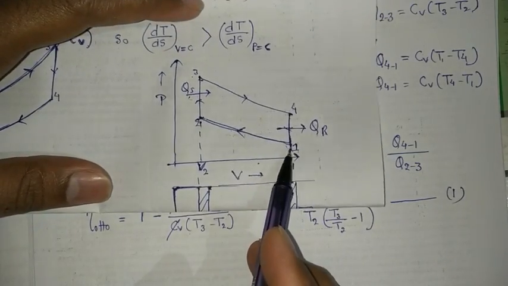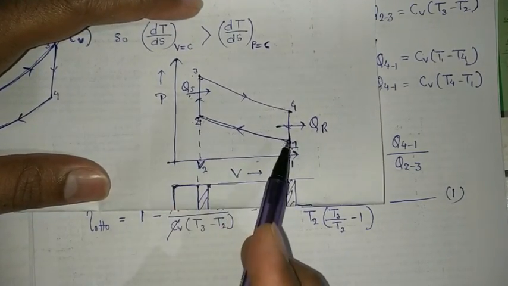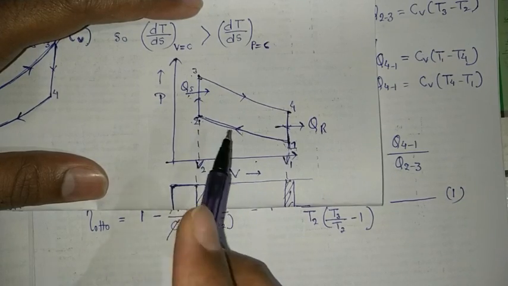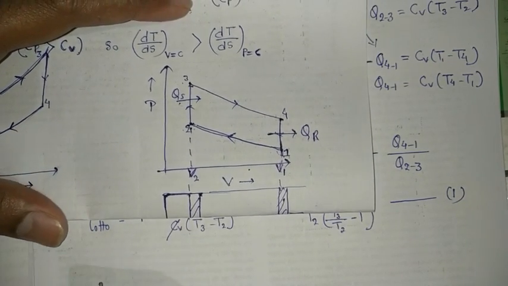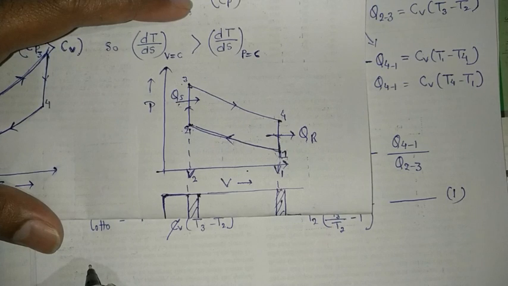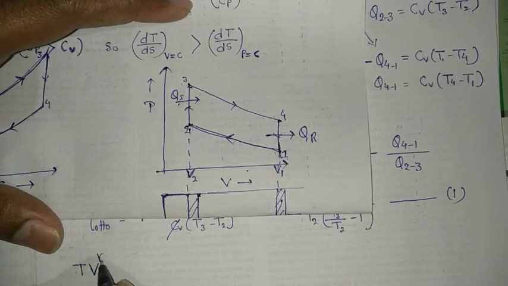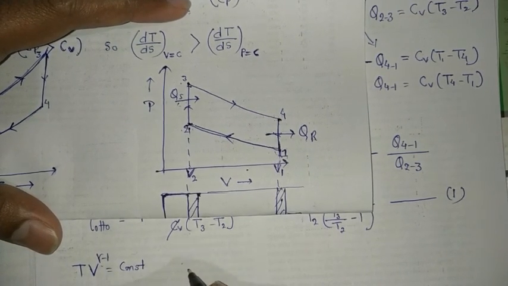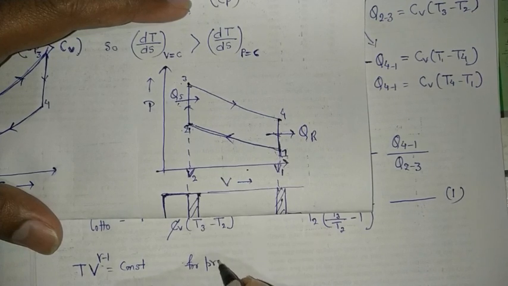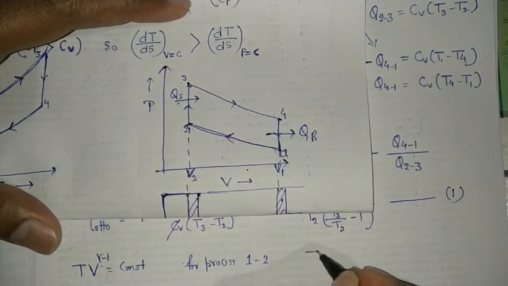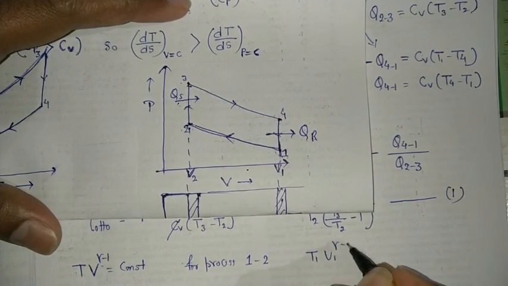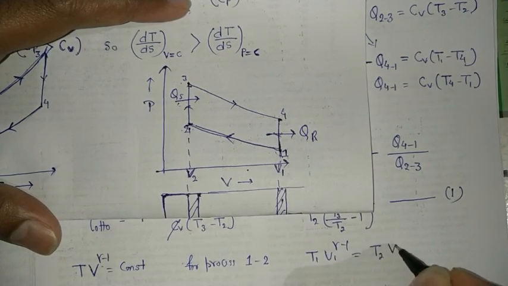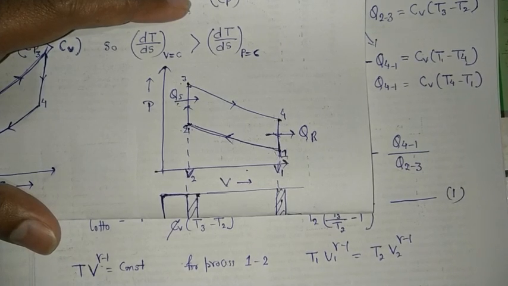For the process 1 to 2, it is reversible isentropic, so adiabatic process. So for adiabatic process, again the relationship between the volume and the temperature is T V to the power gamma minus 1 is equal to constant. So for process 1 to 2, it will be T1 V1 to the power gamma minus 1 is equal to T2 V2 to the power gamma minus 1.